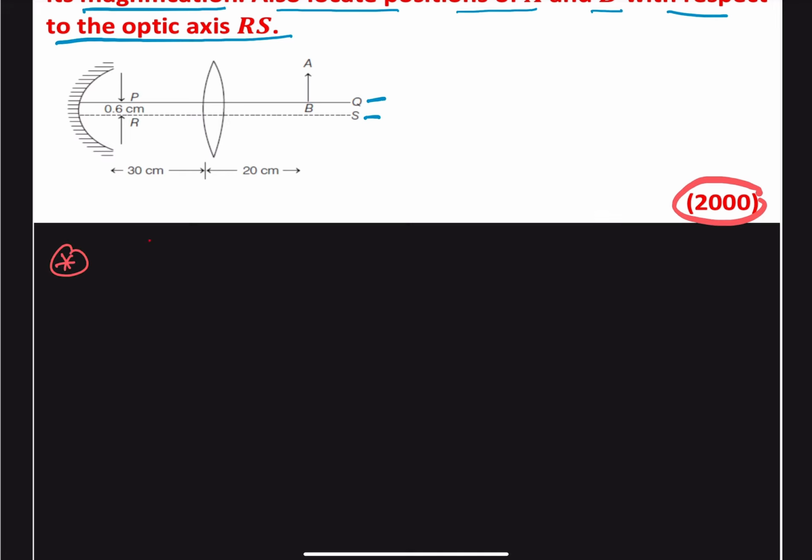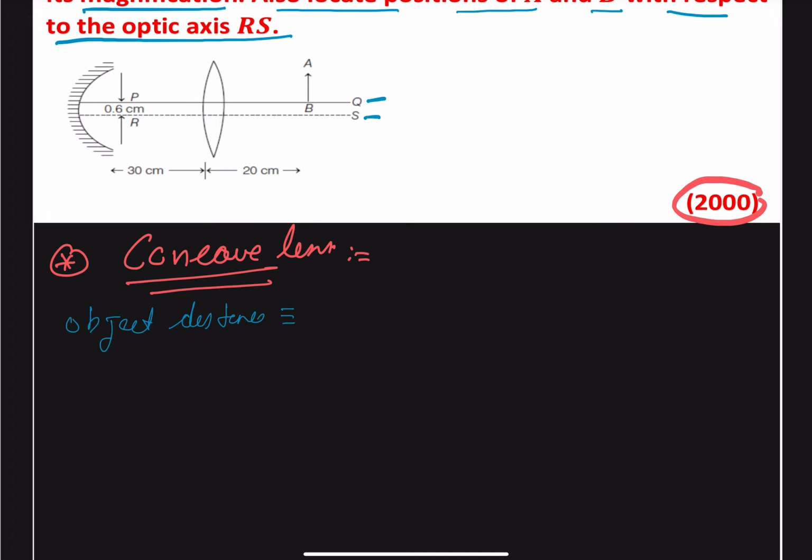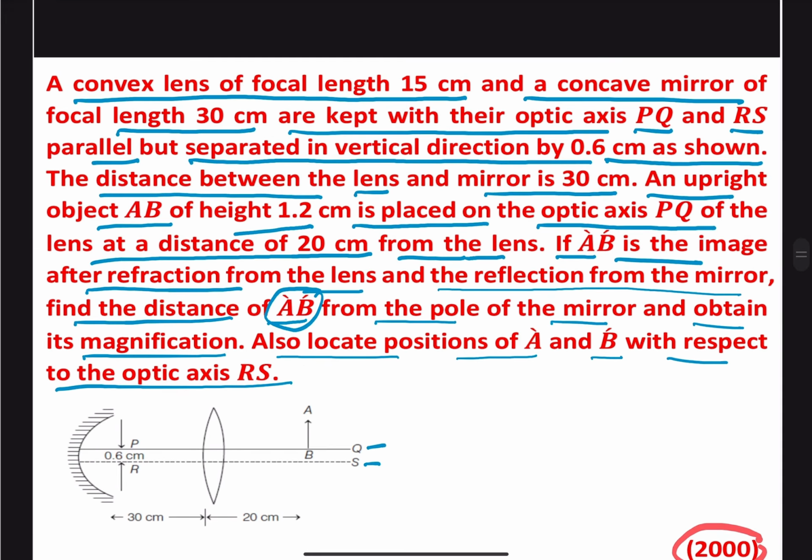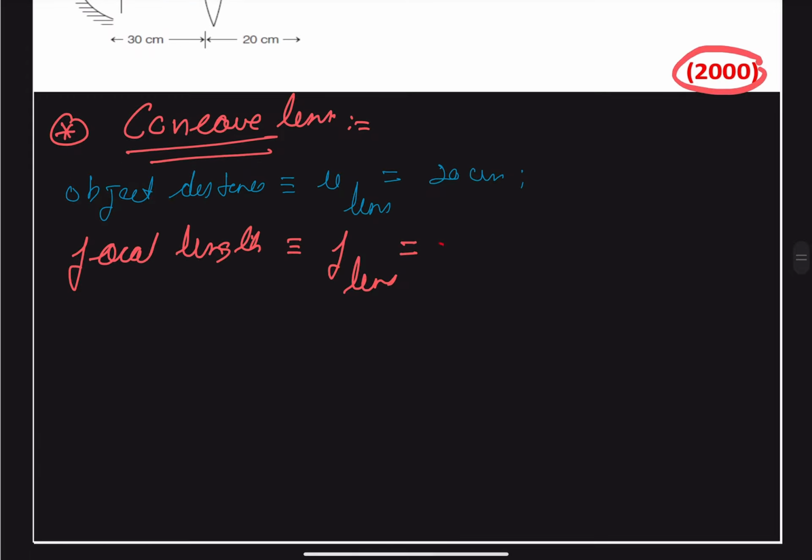So we start with the lens. The object distance, let us suppose, is U lens, which is 20 centimeter, and we are given the focal length of the lens, let us call that F lens, which is 15 centimeter.